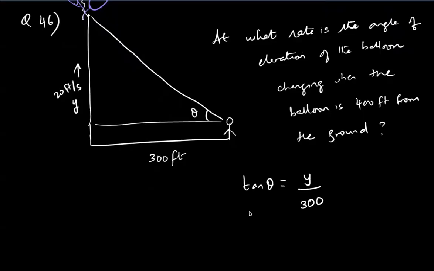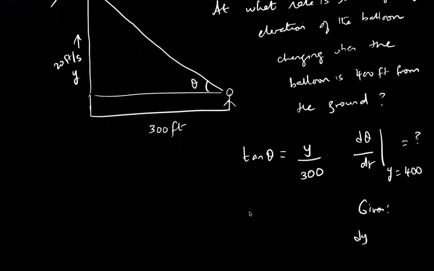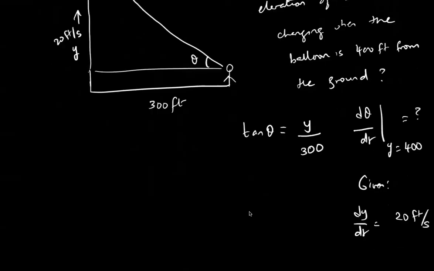The question is asking you what is d theta/dt when y is equal to 400. This is the question. And what is given to us is dy/dt is 20 feet per second. So I take the derivative.